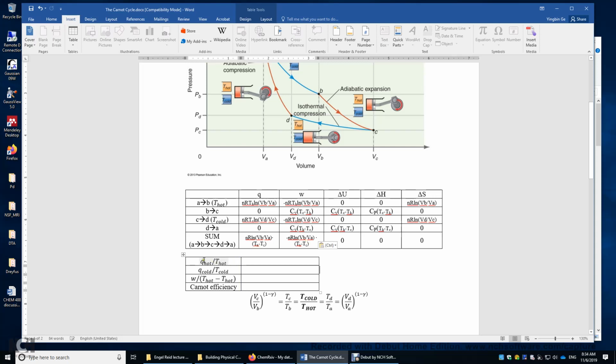So let's see, if we use T hot, this is defined to be Q hot here, when the temperature is higher. Q hot divided by T hot equals, over here, Q cold divided by T cold. So this is Q cold divided by T cold. It's Nr ln Vd over Vc, but again, we just proved that Vd over Vc is the reciprocal of Va over Vb.